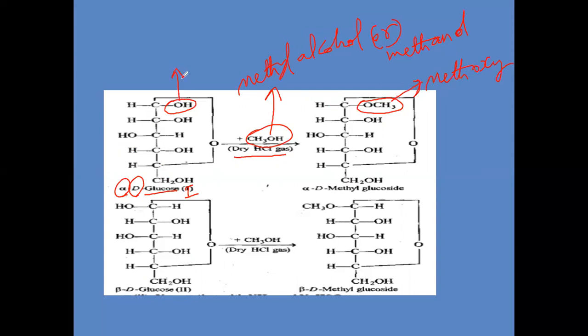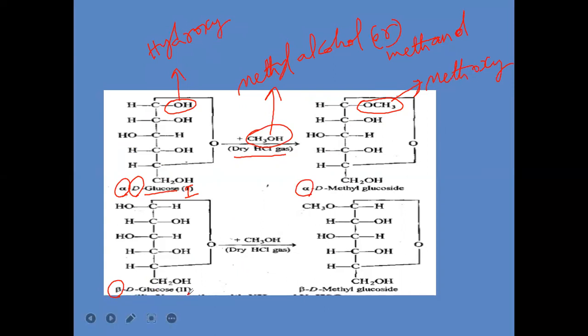And the OH group is called the hydroxy group. So the hydroxy group is replaced by the methoxy group here. Okay. Next. So what happened here? The OCH3 group is on the right side. OCH3 group on the right side means which form? Alpha form.